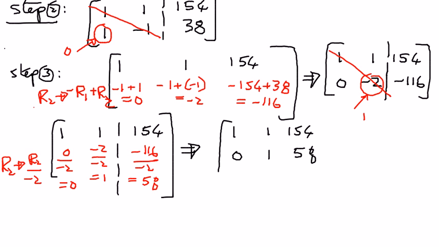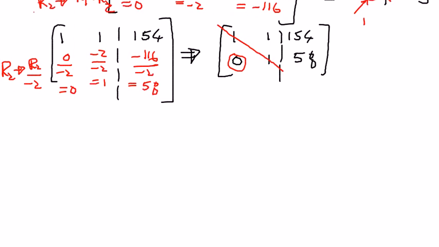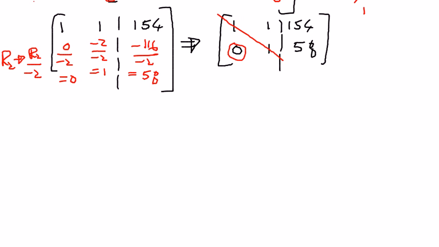From here we should be able to find the values of x and y. Along the diagonal we have ones, and below the diagonal we have zeros. Therefore we should be able to write the system of linear equations from the final augmented matrix, and then solve for the values of x and y.